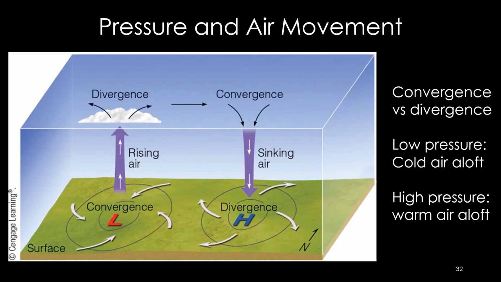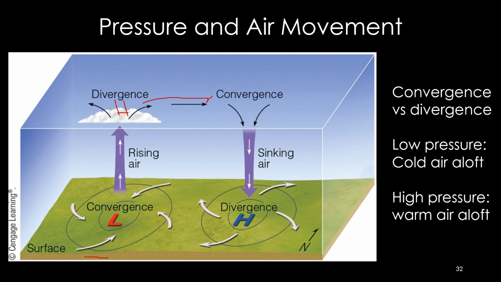So it ends up looking like this. At the surface, over on the far left here, we have converging air, so air coming into a low pressure system. It comes together, it rises, and it starts to diverge up aloft. That air then moves from a high pressure up here, so this would be a high pressure.